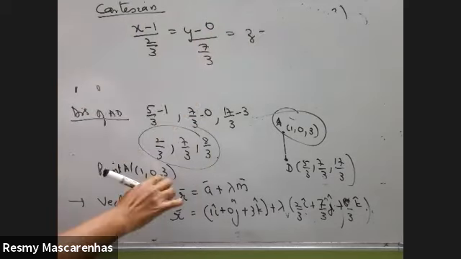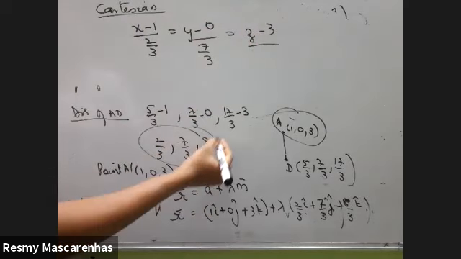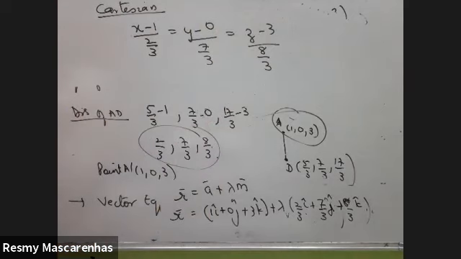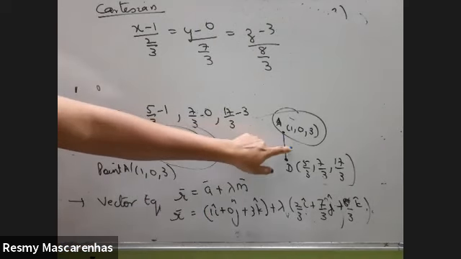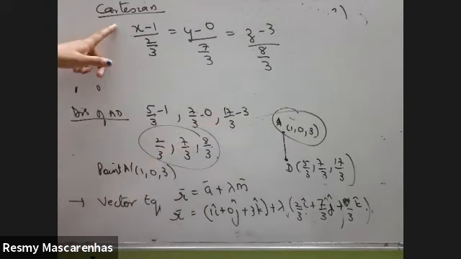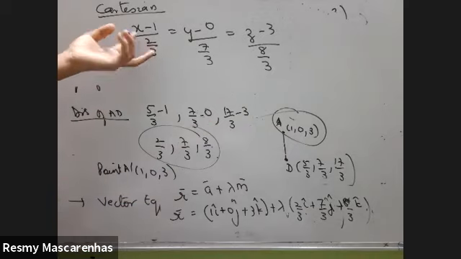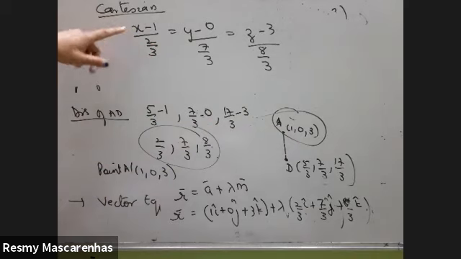Z minus the third point upon the third direction. So this is the only extra part if they ask you to find equation. If they are just find foot of the perpendicular and the length, that would be over. Only if they ask you to find equation, that extra you have to find direction ratios and write both the equations and keep. Now this will get reversed, 3 will go up.